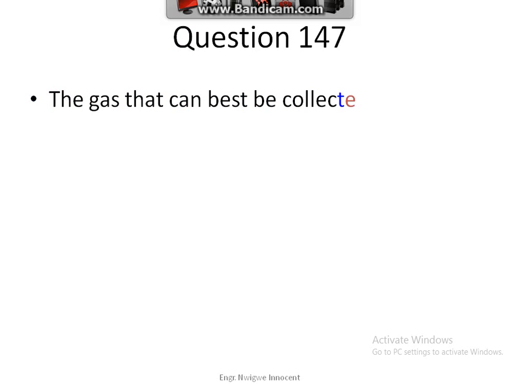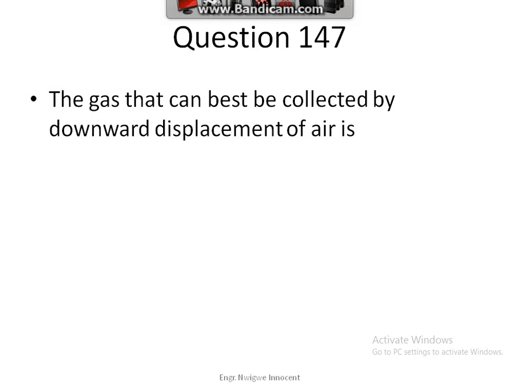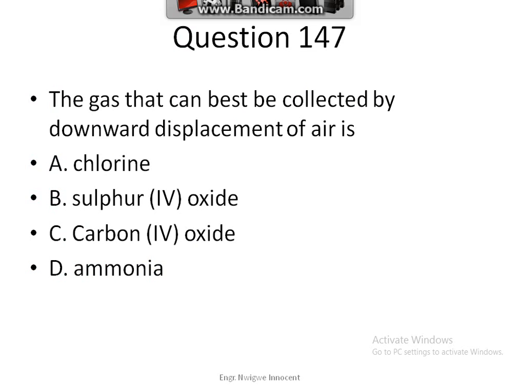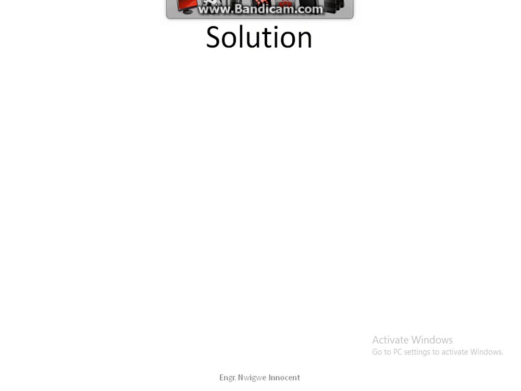Question 147. The gas that can best be collected by downward displacement of air is A. Chlorine, B. Sulfur 4 oxide, C. Carbon 4 oxide, D. Ammonia. Solution.